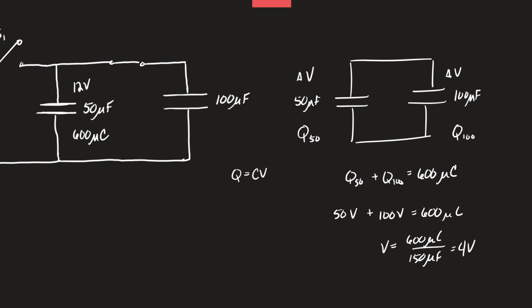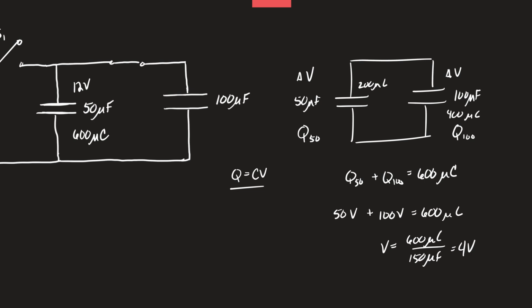There are other ways you could have gotten to the answer. I think this is the easiest way. But you might have done something else. There's a whole ratio thing you could have done here too. So if you look up something on the internet and find something about ratios, enjoy. It works. But this gives you the voltage. Once you have the voltage, you can go backwards and get the charge. So again, CV. So my 4 volts times 50 gives us our 200 microcoulombs and 400 microcoulombs.